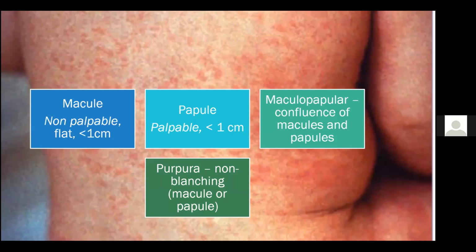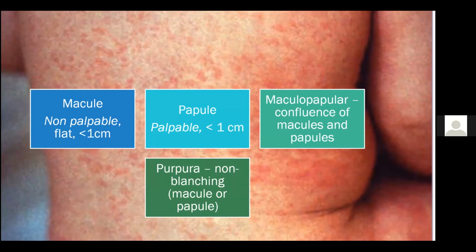Here is a picture of a maculopapular rash. The macule is the non-palpable flat lesion, the papule is the palpable one, and when they become confluent, we call it maculopapular. When it's more confluent, it's also sometimes called morbilliform, because that's what the measles rash looks like.